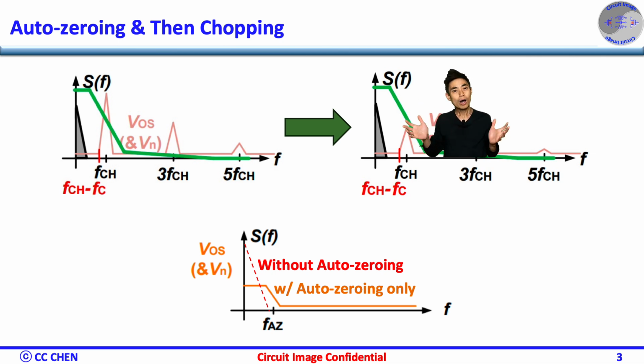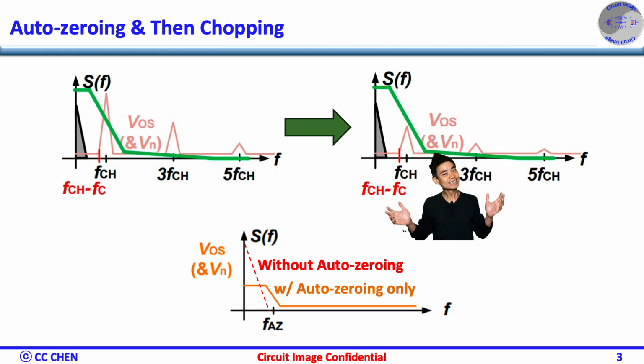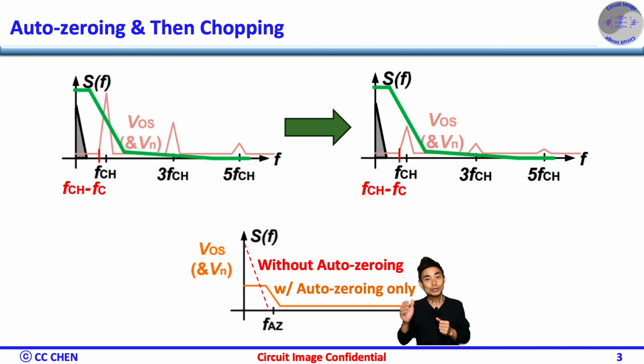So, how do we make the magic small initial offset? Right, you know auto zeroing can reduce the offset easily. Therefore, we should do the auto zeroing first and then chop it.